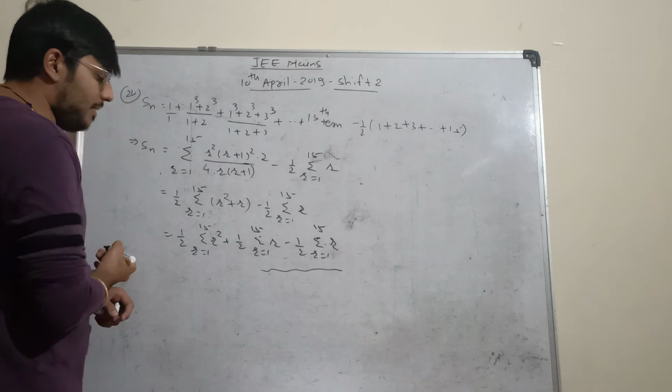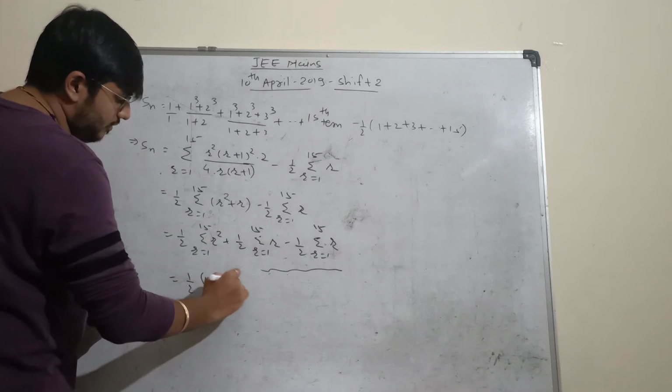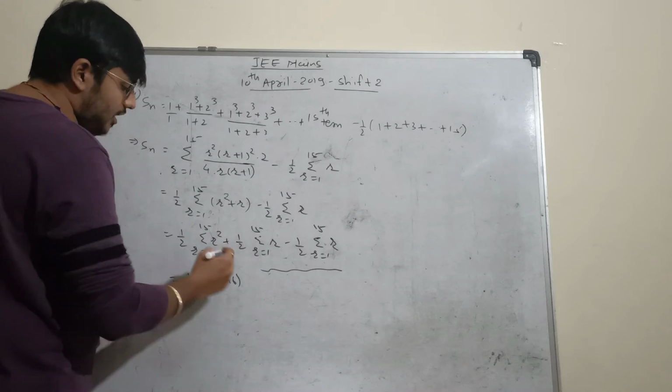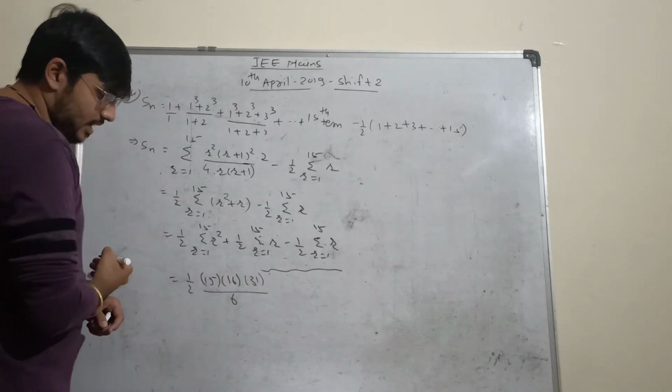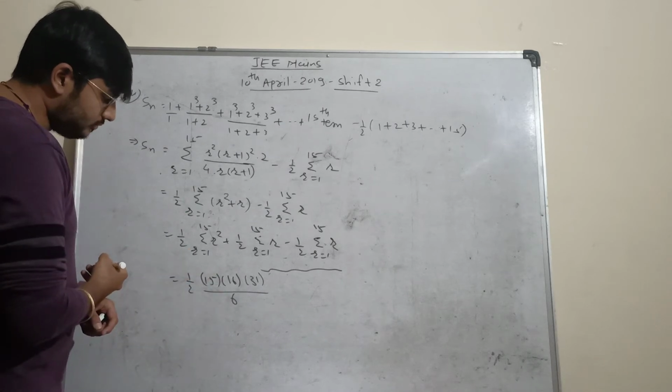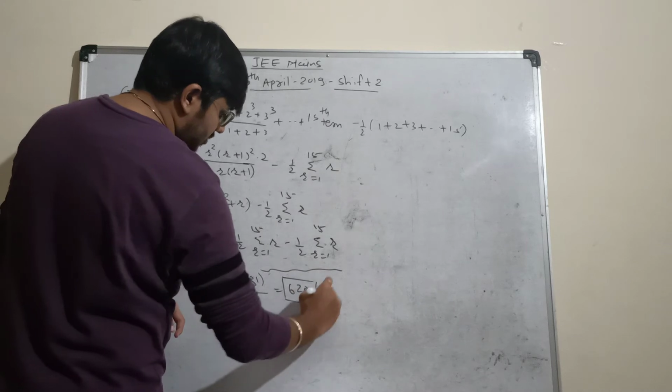So these two terms will be cancelled, and in r square it's 15, 15 plus 1 16, 15 2s are 30 plus 1 31 by 6, and when you solve this sum, this term will get answer as 620. This is your answer.